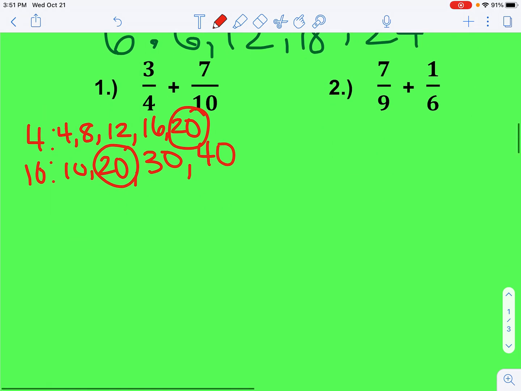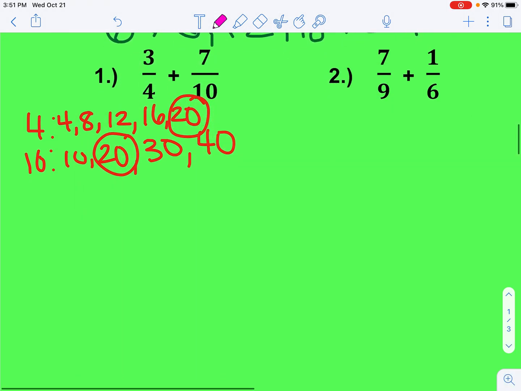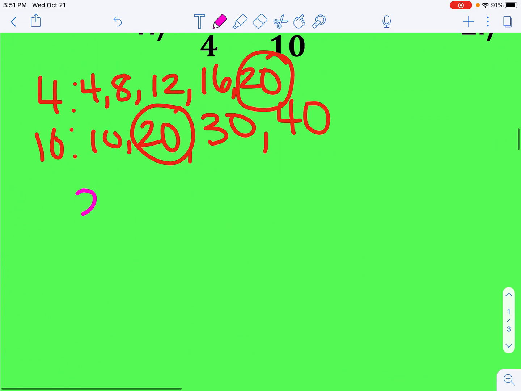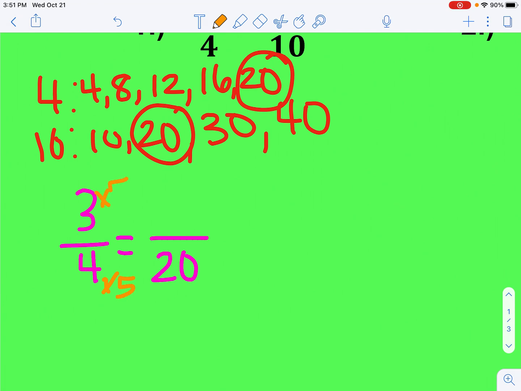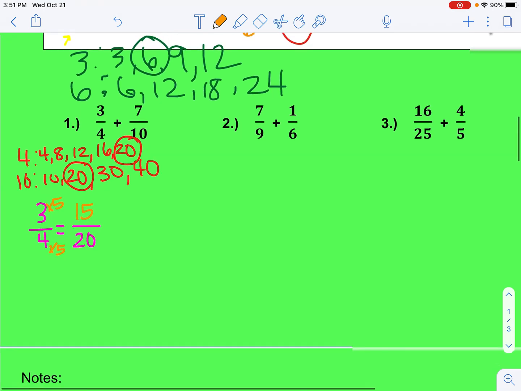So let's look at 3/4. My new denominator is going to be 20. And I know to get from 4 to 20, I'm taking 4 times 5. So I need to do the same with the top. 3 times 5 gives me 15.